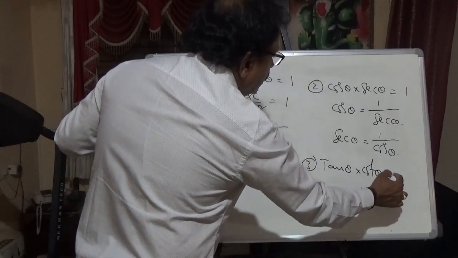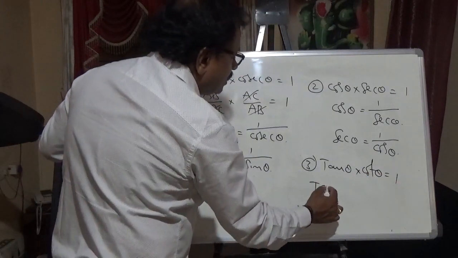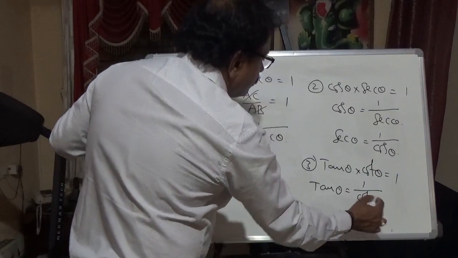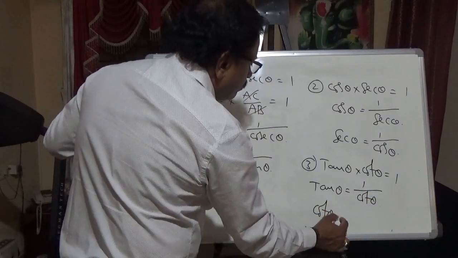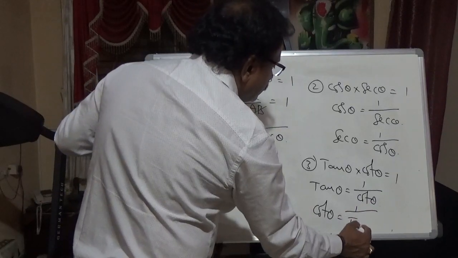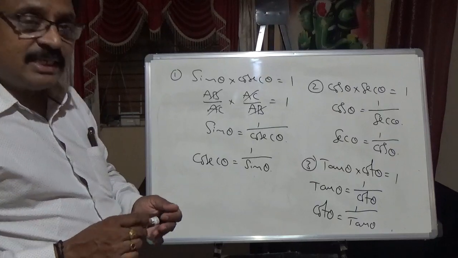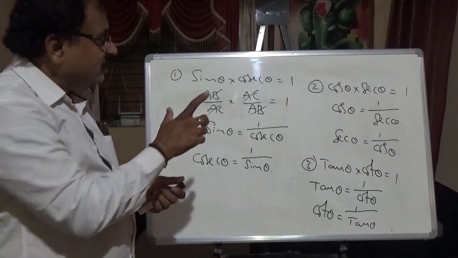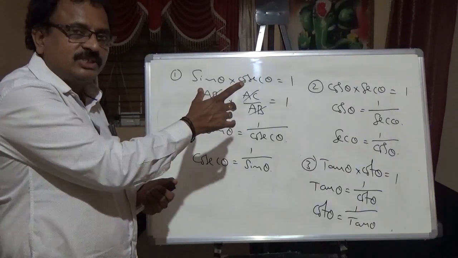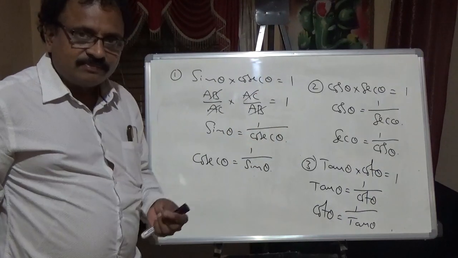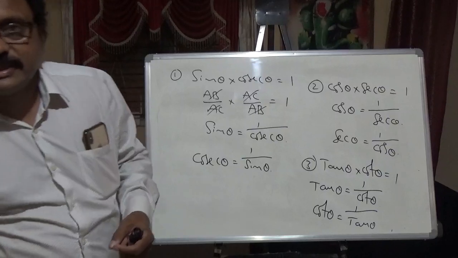Similarly, tan theta is 1 by cot theta, and cot theta is 1 by tan theta. Try to understand. So these are the relations between two trigonometric ratios: sine cosec relation, cos secant relation, tan cot relation. You can copy this.